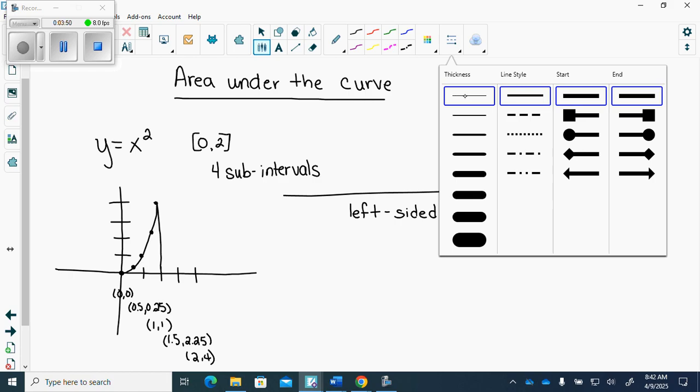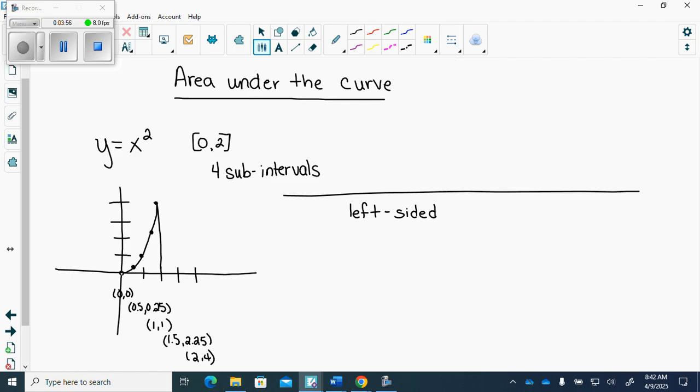So we're going to split this into 4 rectangles where these dots are, correct? But we need to use the left side of it. So the left side of my height is going to be height of 0, and then the width is what? 0.5, right? So that's my first rectangle. It's literally a flat rectangle.